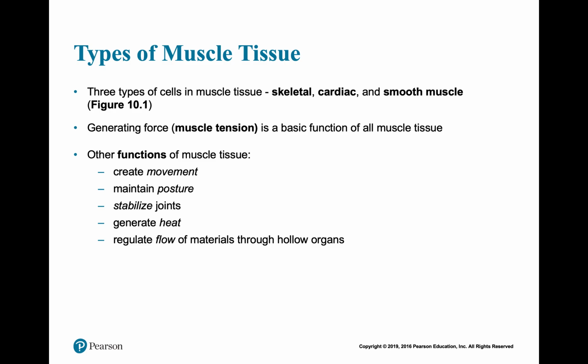And there aren't as many big ligaments binding the scapula and the humerus together. Really, the shoulder joint relies a lot on the muscles that surround it to really stabilize it in place. So that's what it means by stabilizing joints. The muscles surrounding joints help stabilize them as well.